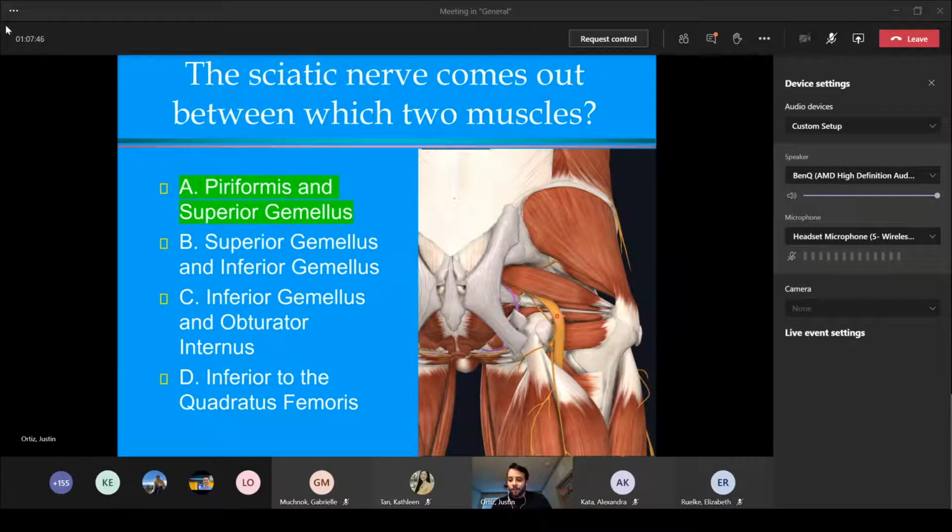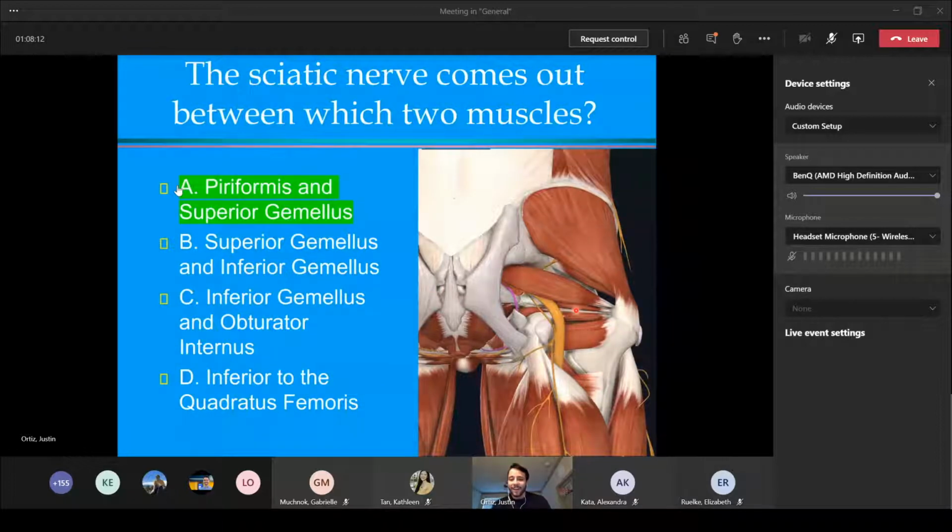Then you have your obturator internus, which is this muscle coming through with the tendon. Then you have inferior gemellus and quadratus femoris. I even organized the answer choices in order so that you can understand what's going on from superior to inferior, so you can use it to study. So this is why I put piriformis and superior gemellus, because you have piriformis and then superior gemellus. And then you're going to have superior gemellus and then inferior gemellus.